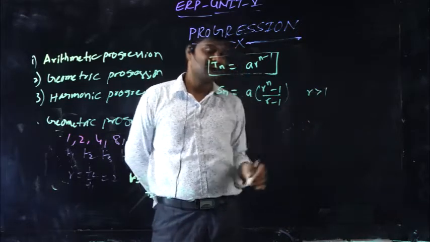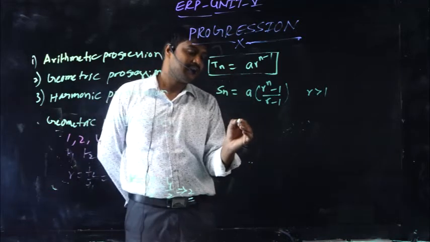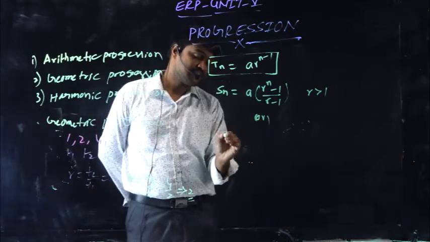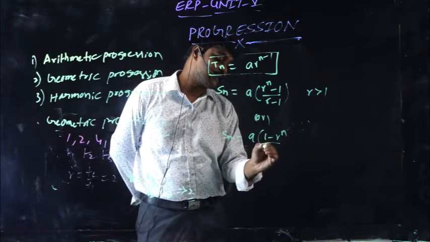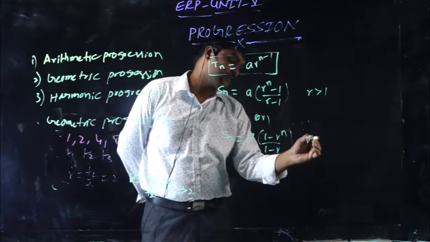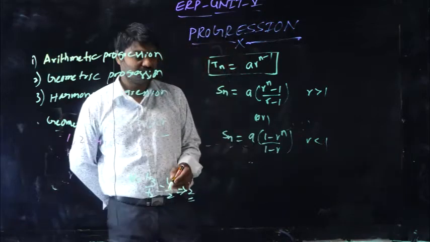Here r is greater than 1. Otherwise, Sn equals a into 1 minus r power n by 1 minus r. Here r is less than 1.